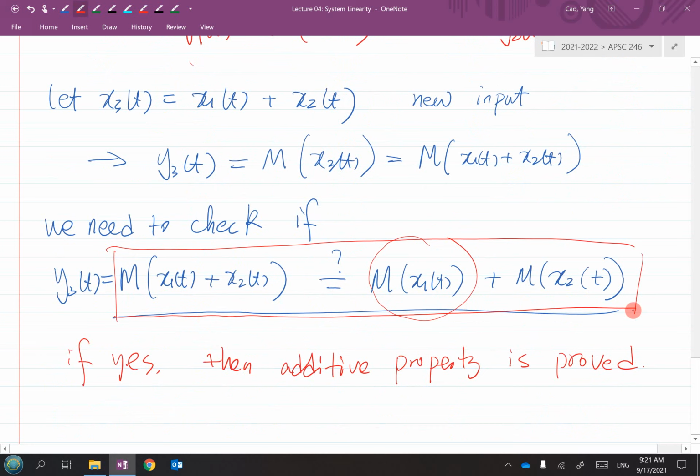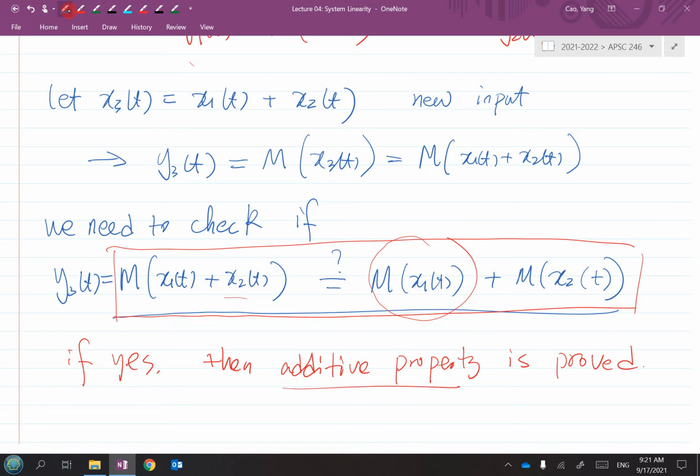The left side is the system output when the input is the combination of the original two inputs. The right side is the system outputs added together, when the inputs are separately x1 and x2. The next example I'm going to show you demonstrates how we can check whether the system satisfies the additive property or not.